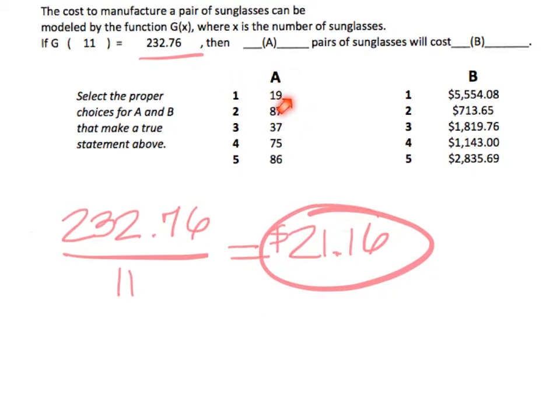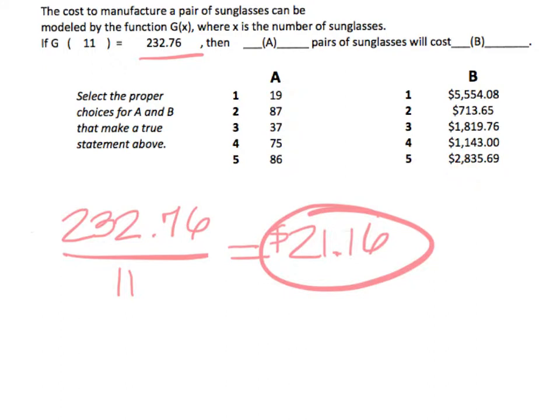So if each pair costs $21.16 to manufacture, then you have to make your choices here and here. It's not telling you what 5 pairs of sunglasses would cost to manufacture. You have 5 choices for the number of sunglasses, and then 5 choices for the cost for that number of sunglasses.